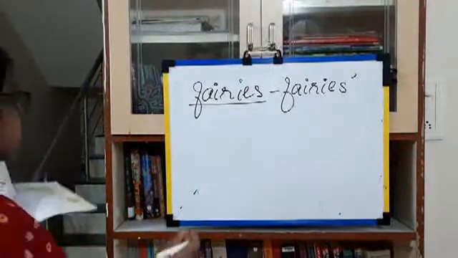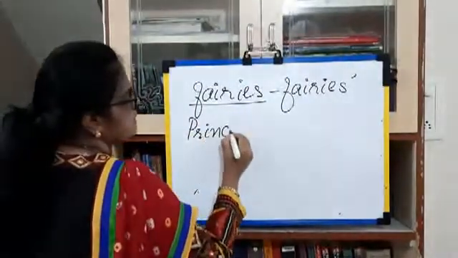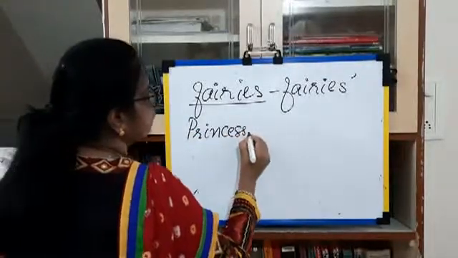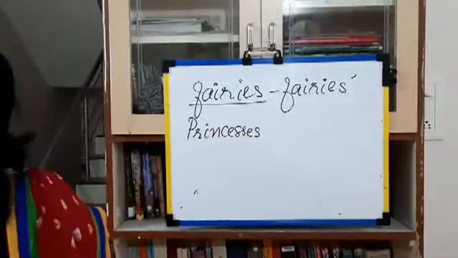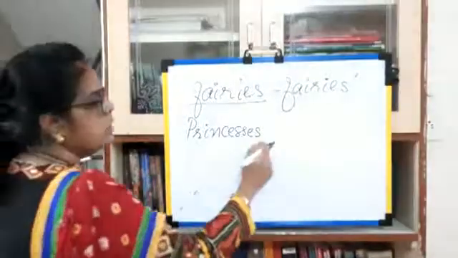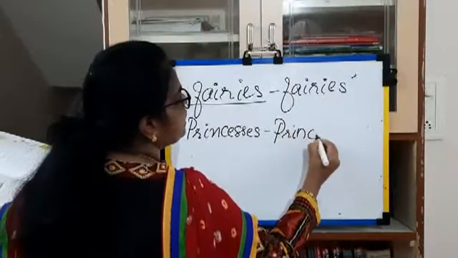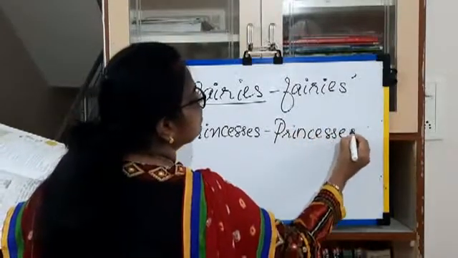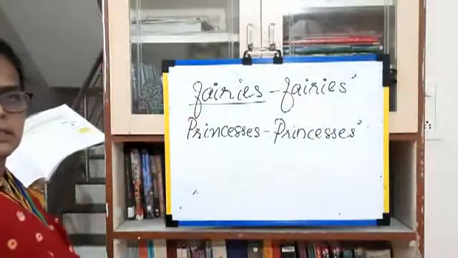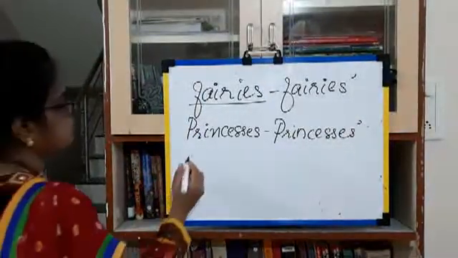Then here it is given princesses. This one is plural. Where do we put it? After the s. Okay, then farmers.